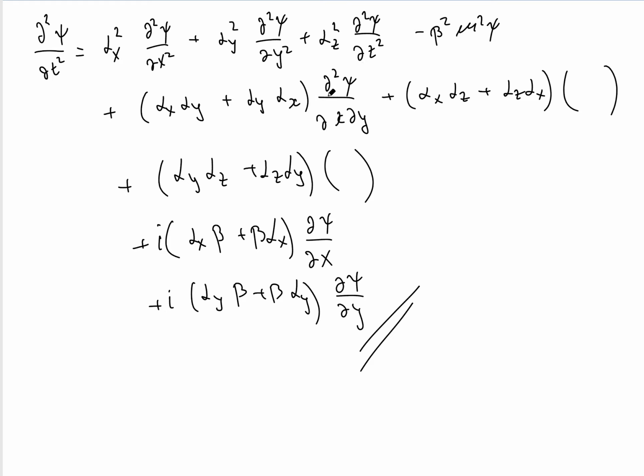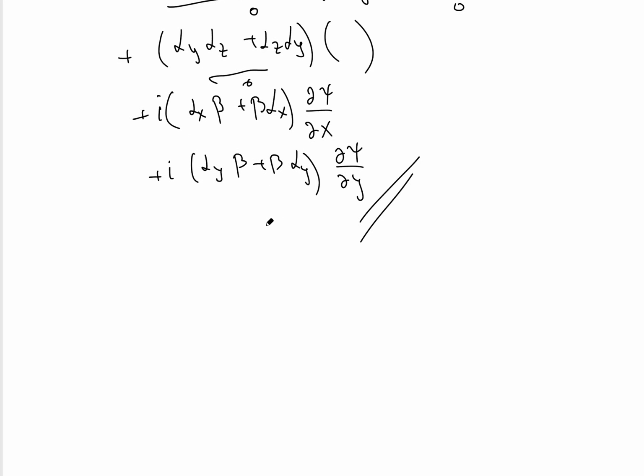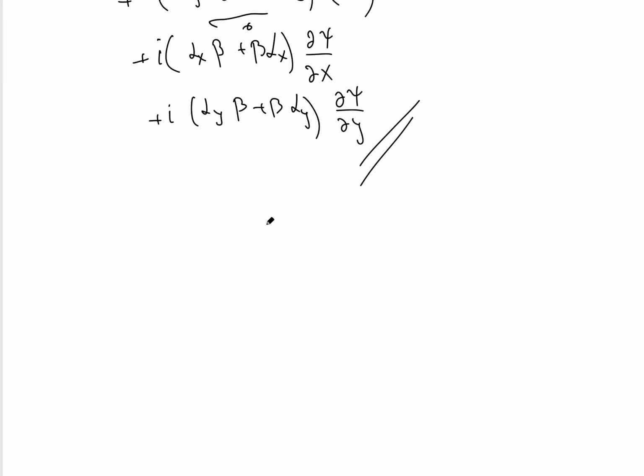In order to satisfy the Klein-Gordon equation, these terms must vanish. So for example, these terms should add to 0, this adds to 0, this adds to 0. From this we can find the properties of these alpha x, y, and z.